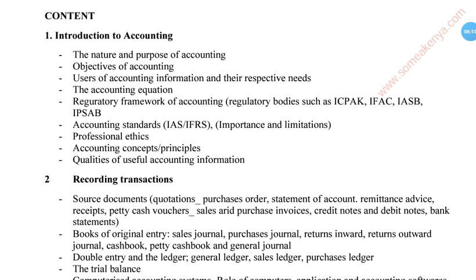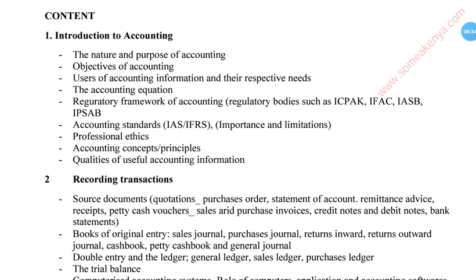So why do we prepare the books of accounts? We shall also learn about the users of accounting information and their respective needs.